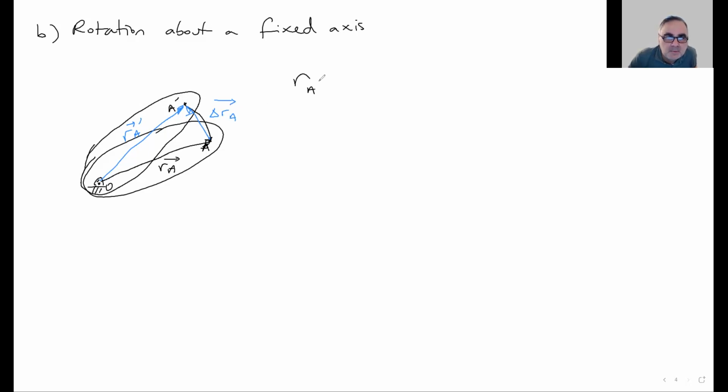RA prime vector is equal to RA plus delta RA, which is this vector in between. And let's say that this angle is phi, okay? Now delta RA vector is RA distance times, let's say this is delta phi.